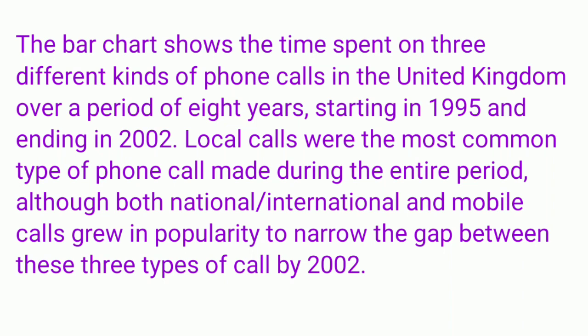So, starting our sample answer: the bar chart shows the time spent on three different kinds of phone calls in the United Kingdom over a period of 8 years, starting in 1995 and ending in 2002. The local calls were the most common type of phone call made during the entire period.